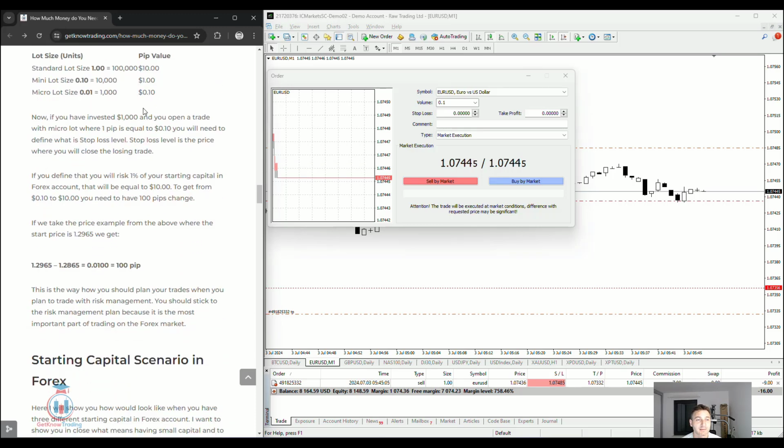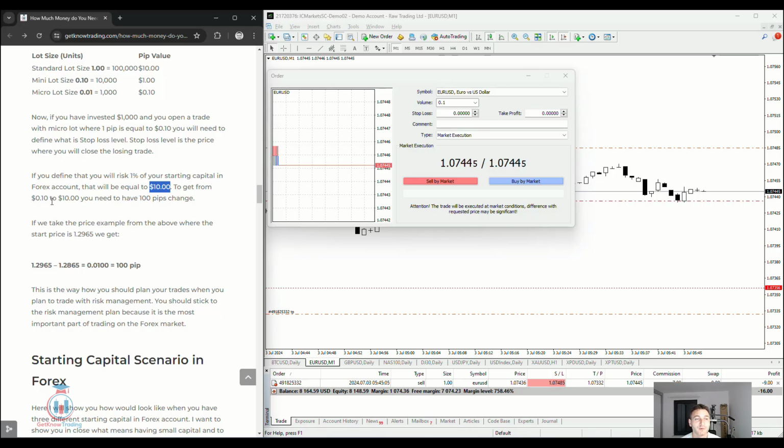Now, here it is an example. If you have invested $1,000 and you open a trade with micro lot, which is here, where 1 pip is equal to $0.1, you will need to define what is the stop loss level. So stop loss level is the price where you close the trade. If you define that you will risk 1% of your starting capital in Forex, that will be equal to $10, which is from $1,000.